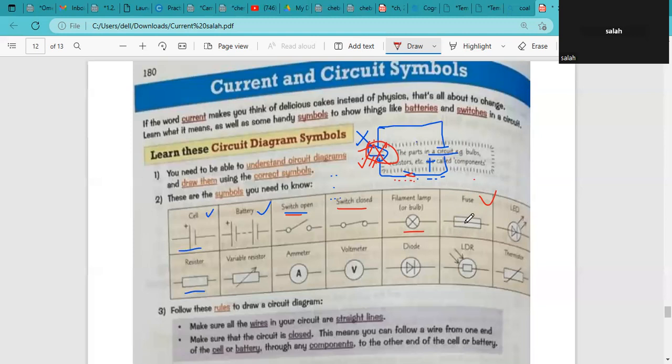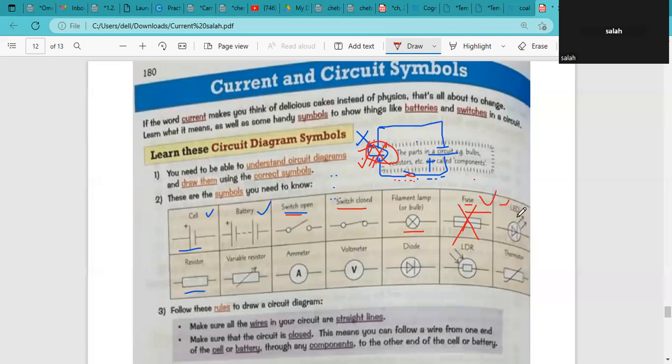If the current crosses some limit of passage from here, then it will stop the flow of current. We set some limit, say the current should not exceed 3 amperes. So if the current exceeds 3 amperes, the current will stop flowing because of the fuse. You know fuse? They are installed in homes usually.